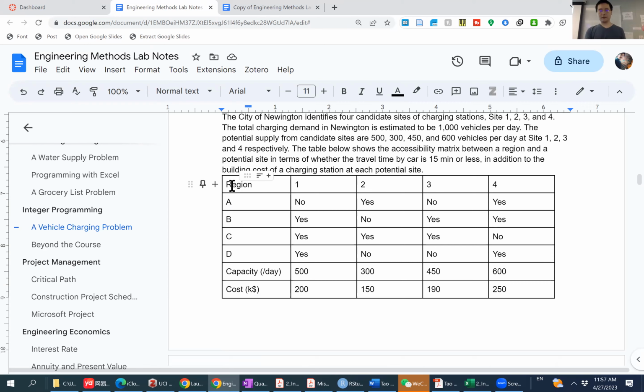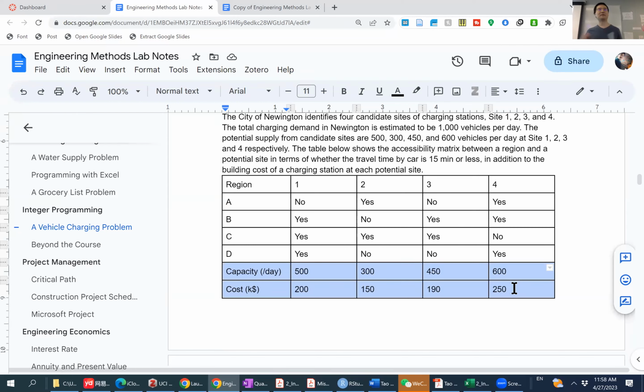So usually, of course, the first part, that's the accessibility matrix, needs to be provided. That's the source information. However, these two rows about capacity and cost can be extracted directly from the question. So these two rows may not be provided directly.